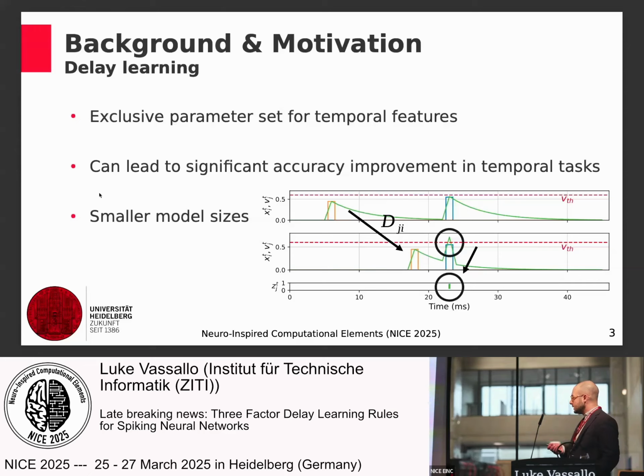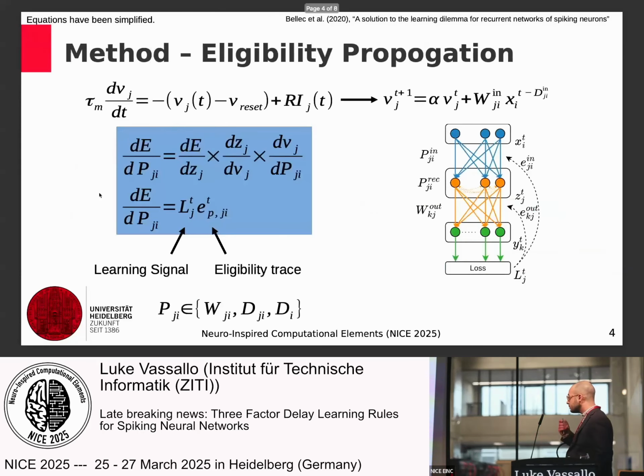So by adding delays, we can manipulate when the spikes influence the postsynaptic membrane potential, and this gives us an exclusive parameter set that allows us to perform temporal pattern recognition.